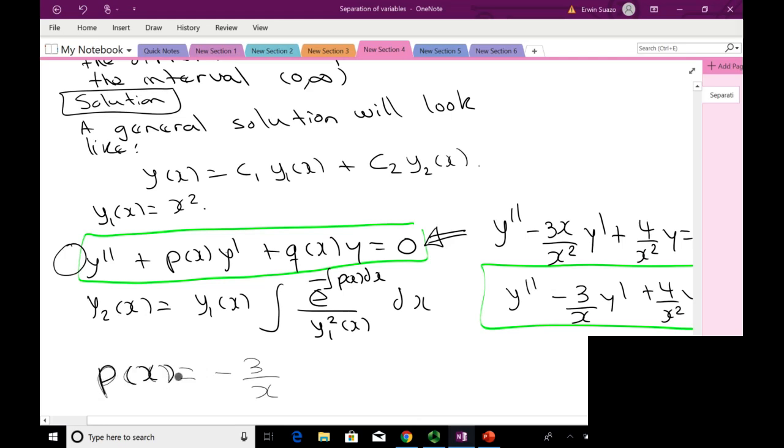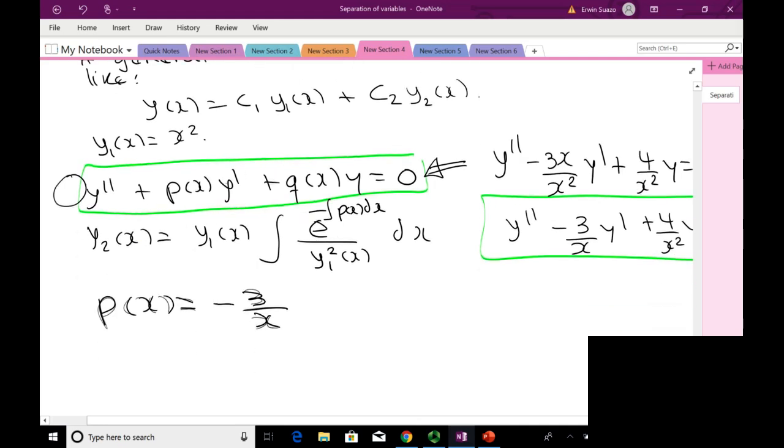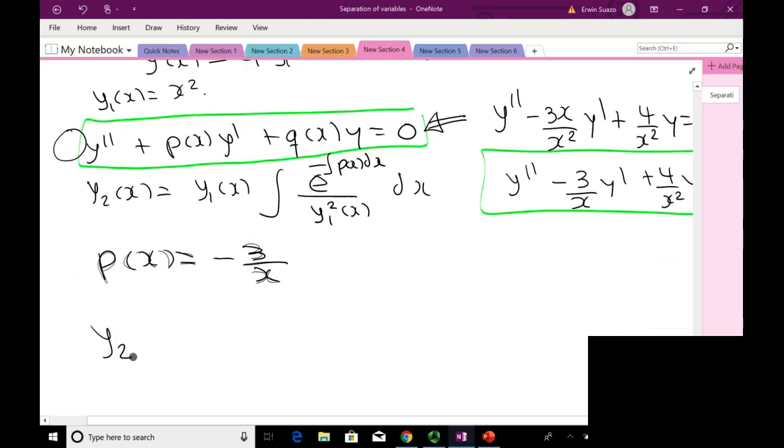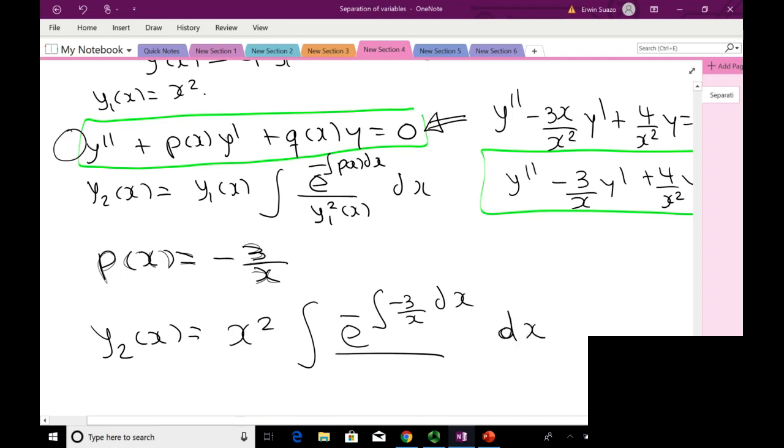So we need to make that integral. y2 of x is going to be equal to y1 of x, that is x squared, times e to the minus integral of p of x, so that's minus 3 over x dx, over y1 squared.